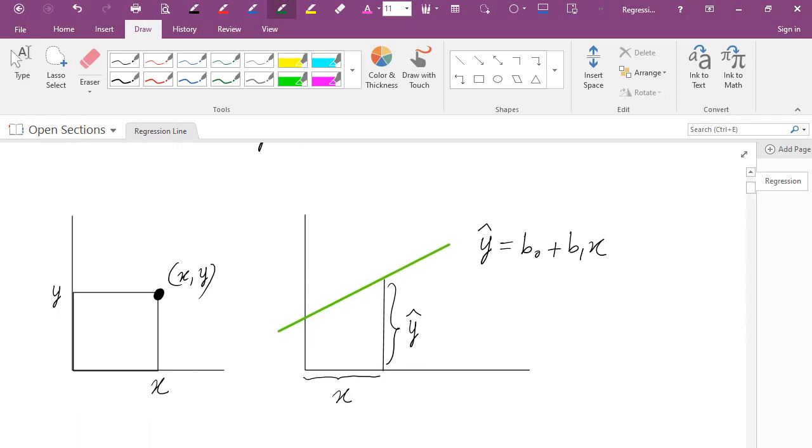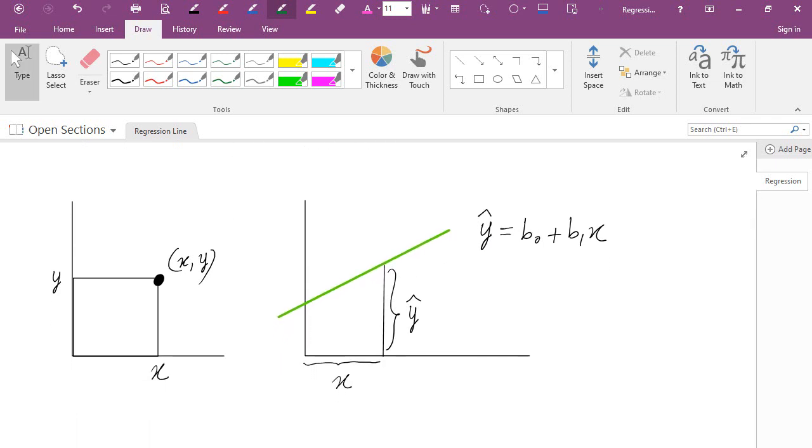But before I do that, let me recall two facts from analytic geometry. Let's say that we have this horizontal axis and the vertical axis. The horizontal axis represents the variable x, and the vertical axis represents the variable y.